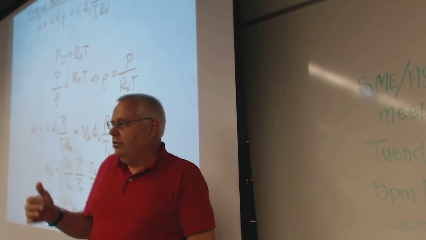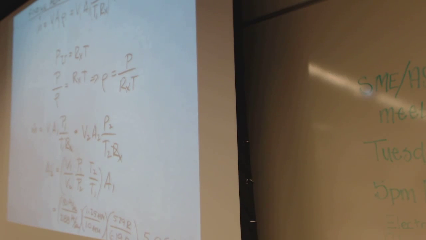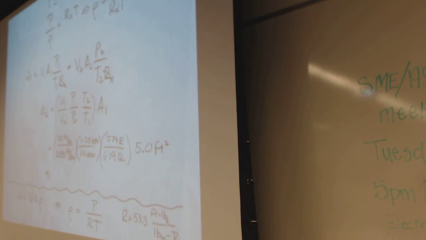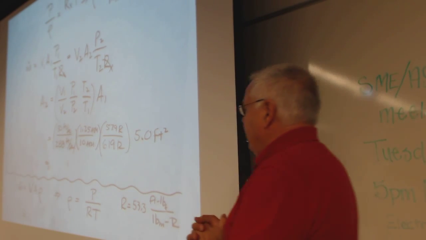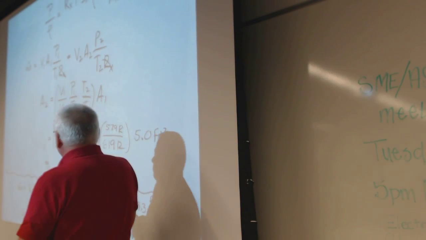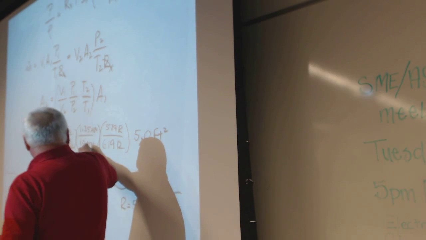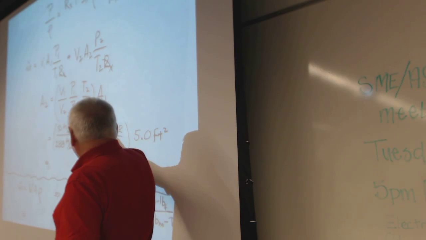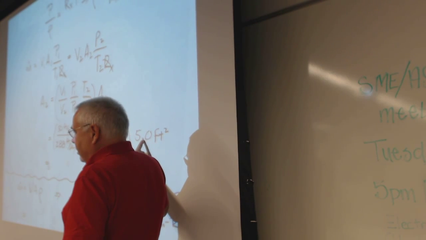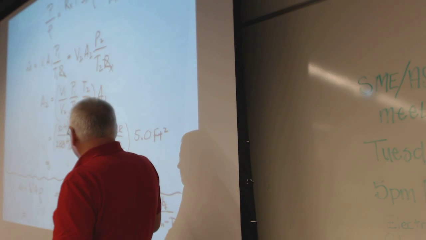It's still a ratio, so the units still cancel. Conservation of mass and ideal gas law got us to the point where you do this ratio, those units cancel, this ratio, those units cancel, this ratio, those units cancel. All these ratios times inlet size should give us a different number.